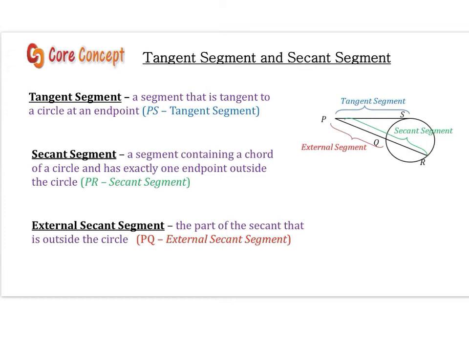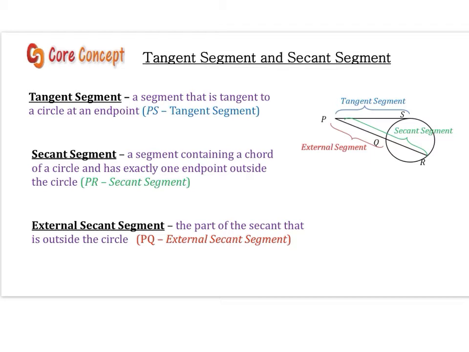All right, so our core concepts are these vocabulary words here. We've got a tangent segment. It's a segment that is tangent to a circle at an endpoint. Our example is P to S, which is a tangent segment in blue here.